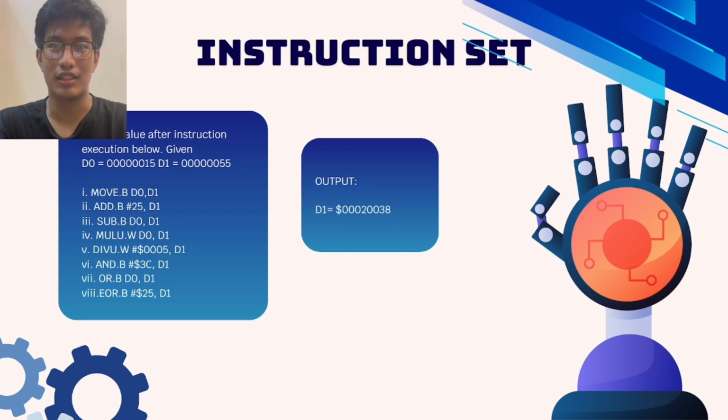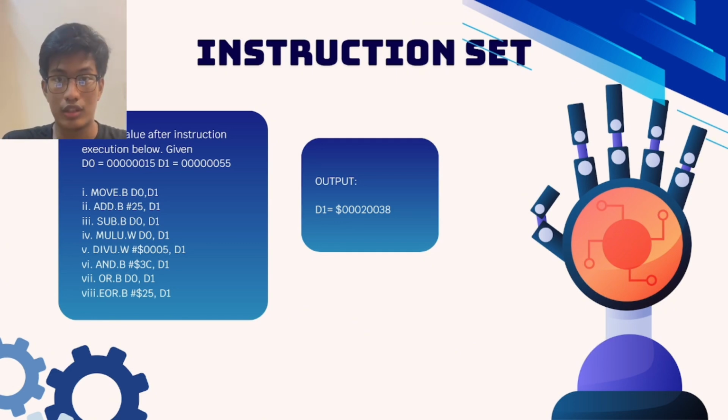For the seventh instruction, we have to do D1 low byte, which is 38, and D0 low byte, which is 15. We have to turn those two into binary: 38 into 00111000, and 15 into binary as well, which is 00010101.